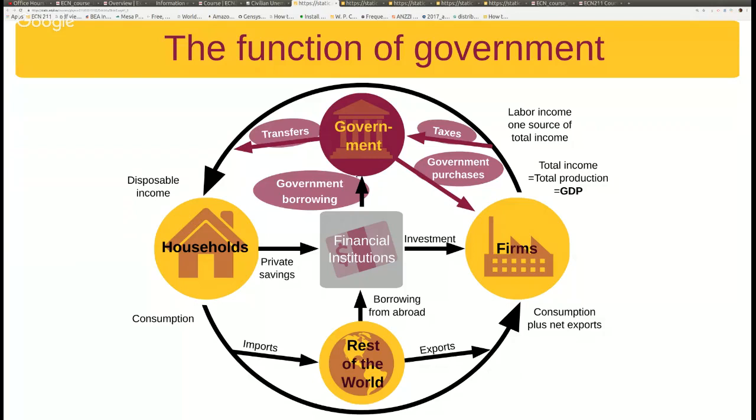Now, we also spoke about government borrowing, and that if the government ends up borrowing a lot of money, then you could get something called crowding out, where the government borrows so much money that it raises the interest rate because it raises the demand in the capital market.